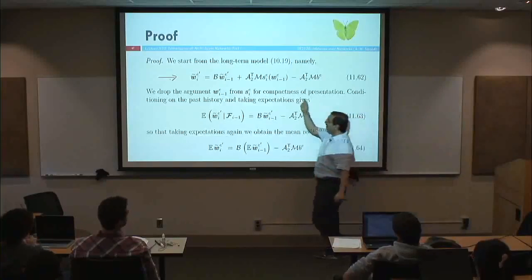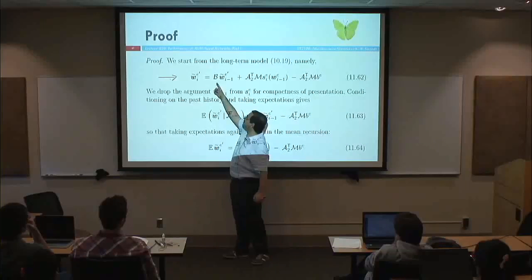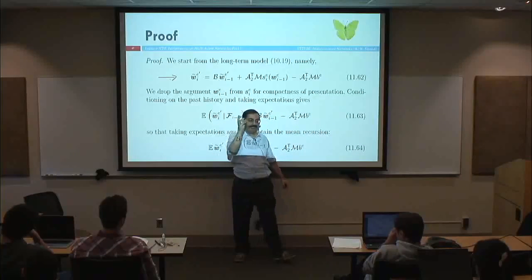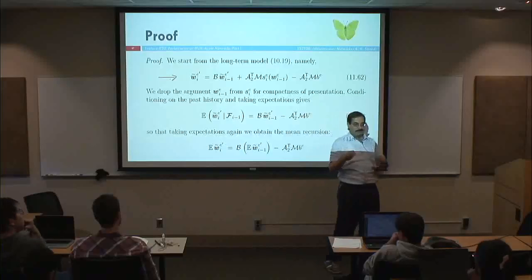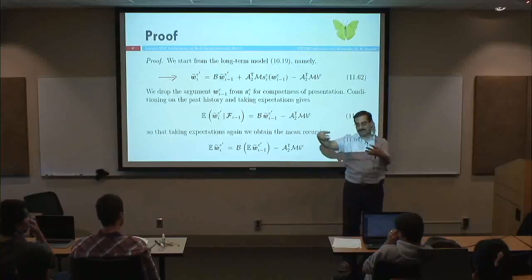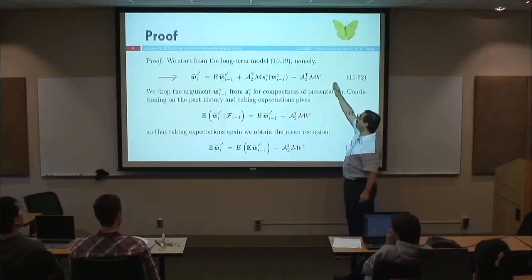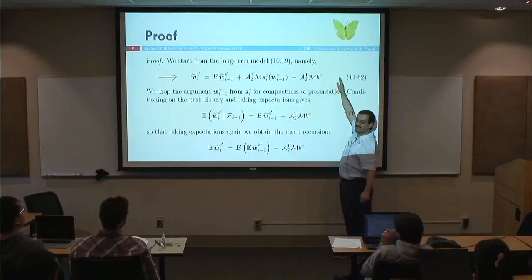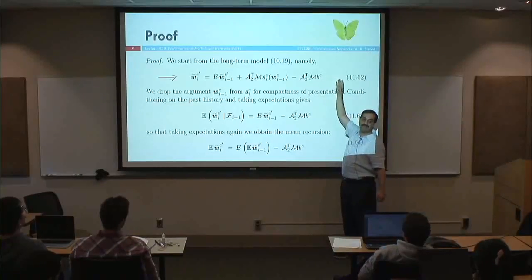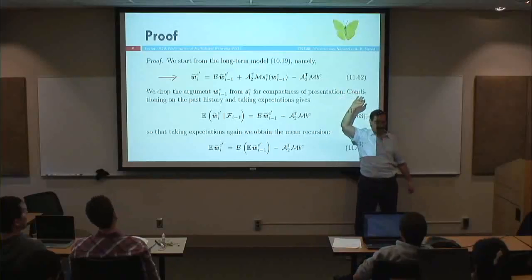For the actual model, it was a boldface B here, which had a boldface H. And I replaced that by a constant B plus an error term, an H tilde. And that error term contributed a term here that was of the order of mu squared, and we said we are going to throw it away.